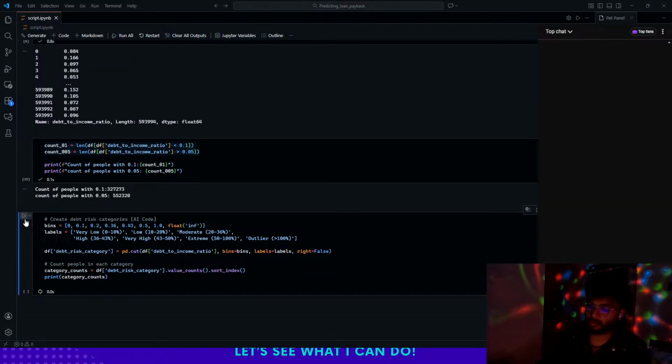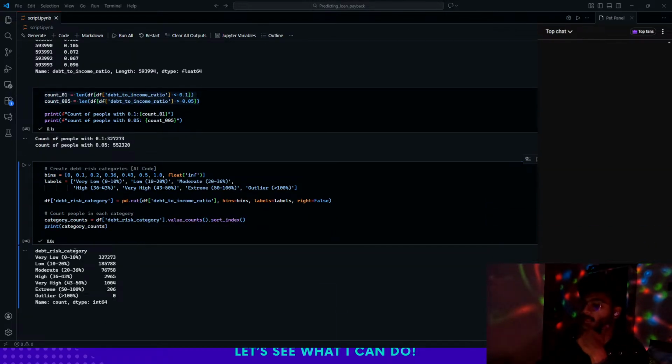Now if I this thing, very low, that is zero. Lower, that is 10 to 20% is this. So basically, this kind of people, the extreme very high can pay, but the interest to debt ratio is much larger. From here, I can show that.